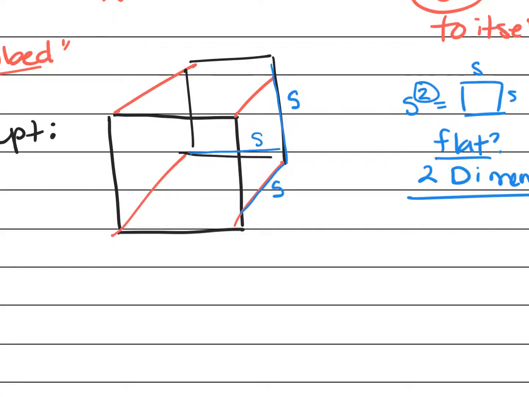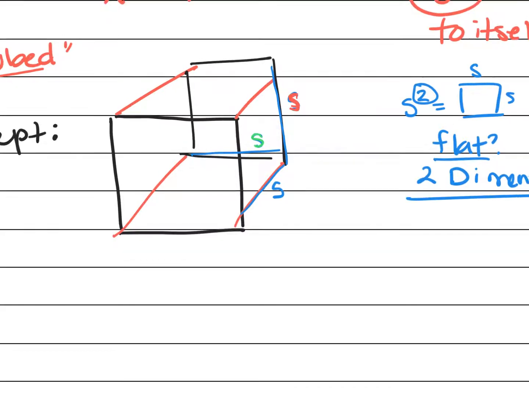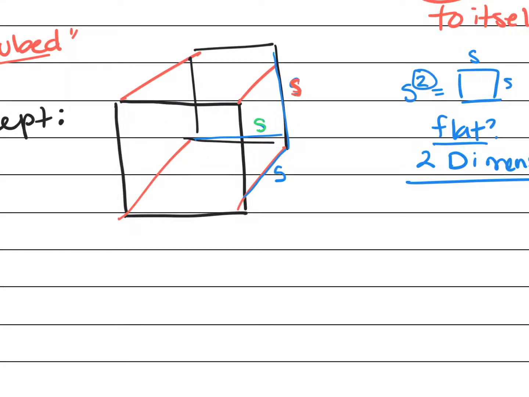Maybe seeing different colors will help you. You have 3 different s's that are being multiplied. And so when you have 3 sides, you have 3 dimensions. Now you're in 3 dimensions. You have length, you have width, and you have depth or height.